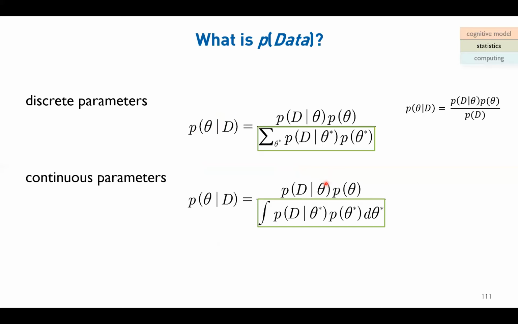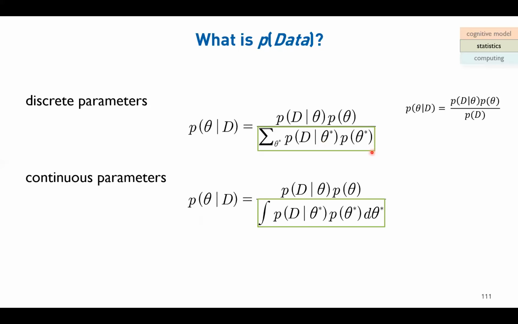And the denominator, it is the P of data. Here, there was a question about scaling to normalize everything to be within the unit range 0 and 1. So the normalization happens in the denominator.